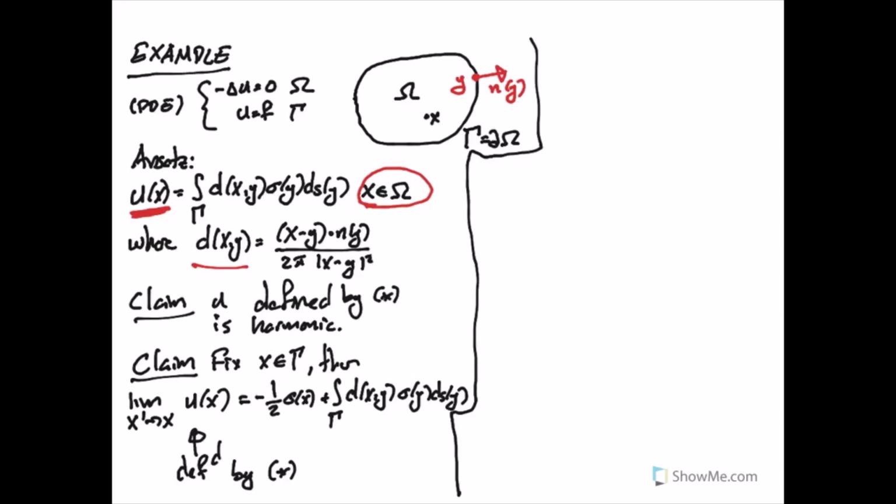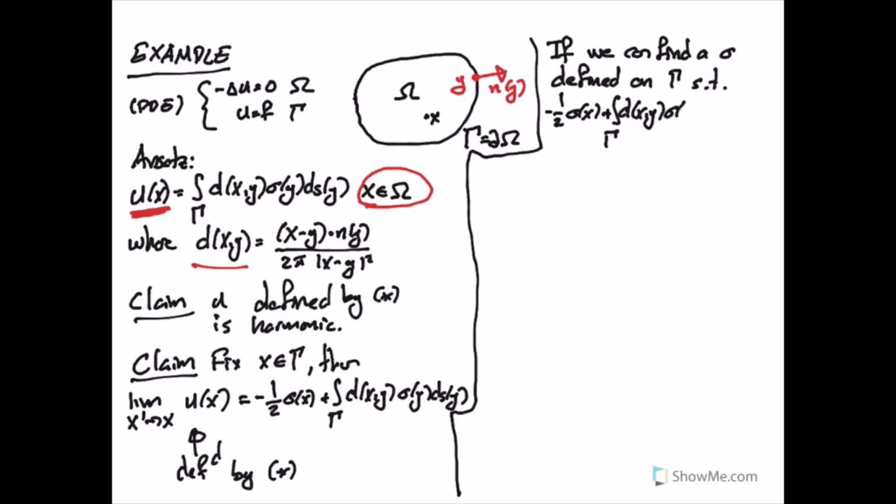But you'll see now that the point here is that if we can find, let me phrase it like this, if we can find a sigma defined on gamma such that minus 1/2 sigma of x plus the integral of d of xy sigma y ds of y is equal to f of x, and this needs to hold for all x in gamma.